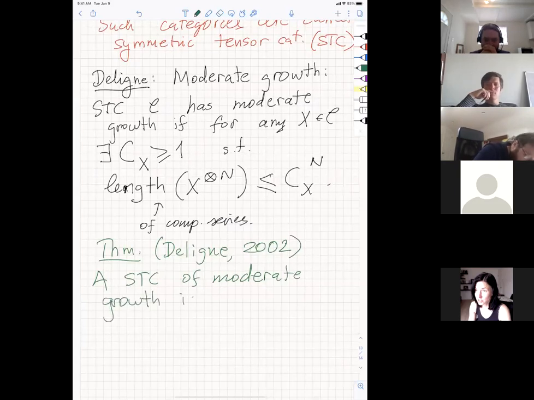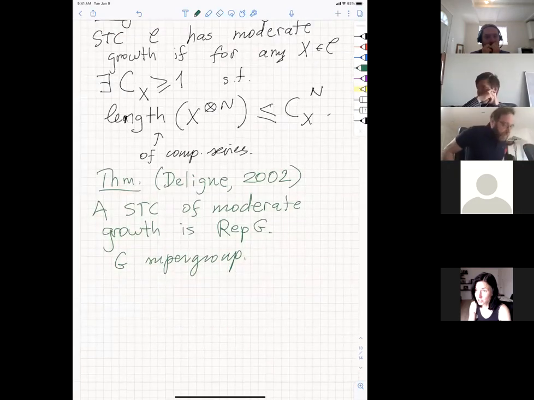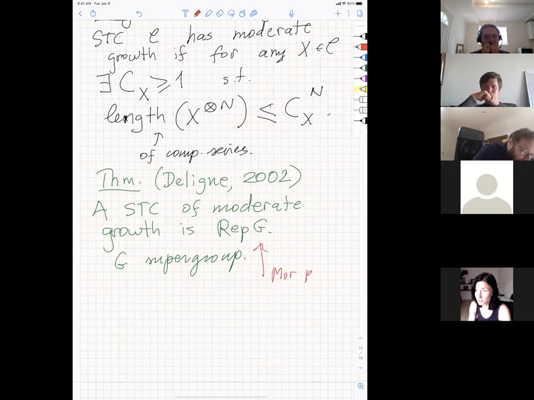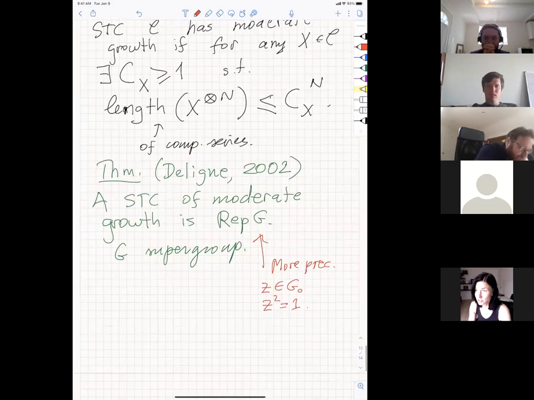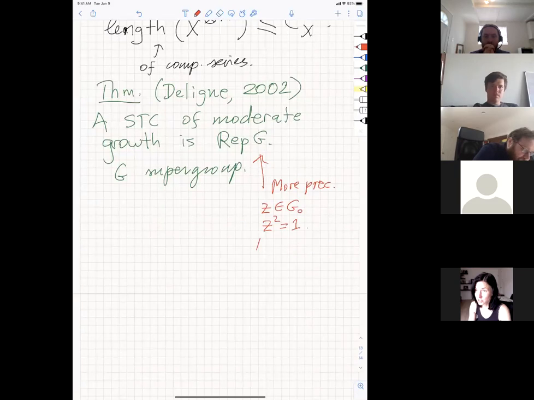is of the form Rep G for G a supergroup. Well, I have to be more precise about what I mean by Rep G. So we have some element Z in the even part of the supergroup, which squares to 1, and conjugation by this is the parity automorphism.